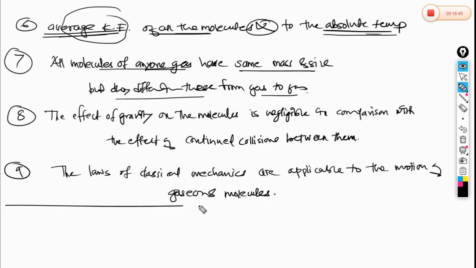Okay, so these are the total 9 postulates. If you read them again and again, you will understand the meaning, and these assumptions are important from the examination point of view. So study them well and prepare for the examination.